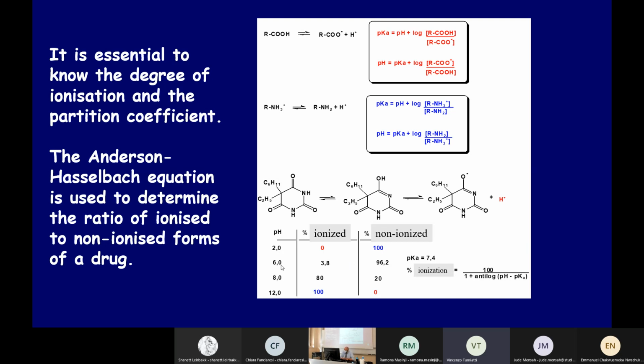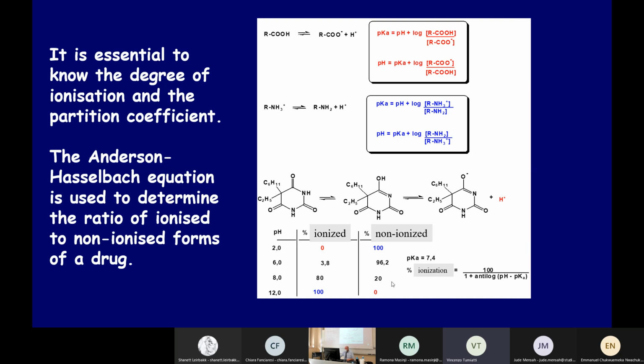At pH 6, you have more or less the same situation, 96%. At 8 pH units, you have a completely different situation. 80% is ionized, 20% non-ionized.